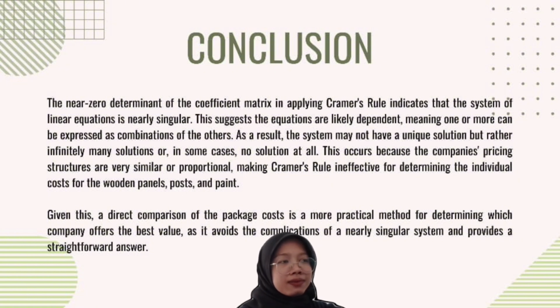In practical terms, this suggests that using Cramer's rule could be unreliable for determining exact values. Instead, directly comparing the cost of the package from each company is a simpler and more effective method to determine which company offers the best deal, avoiding the complexity and limitations of a nearly singular system.